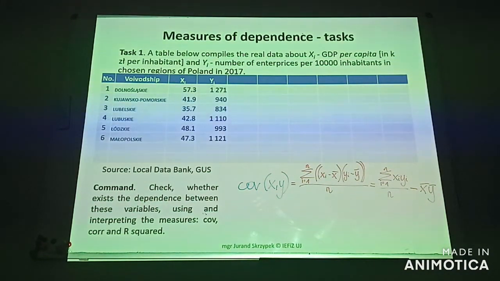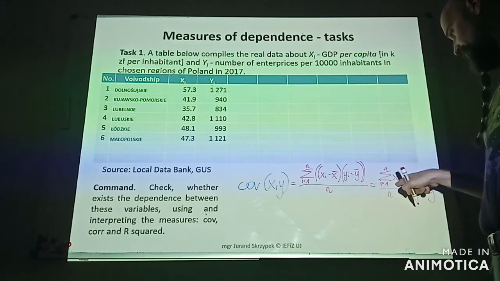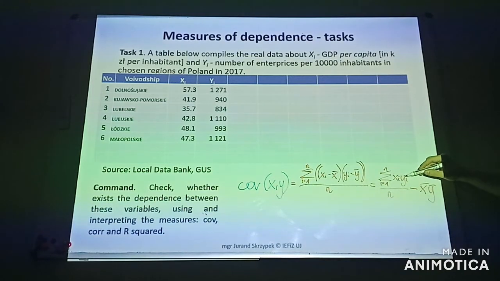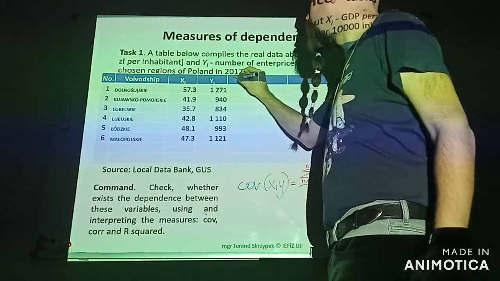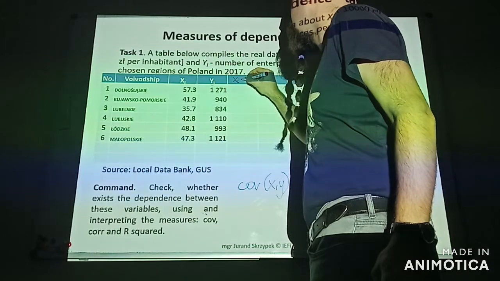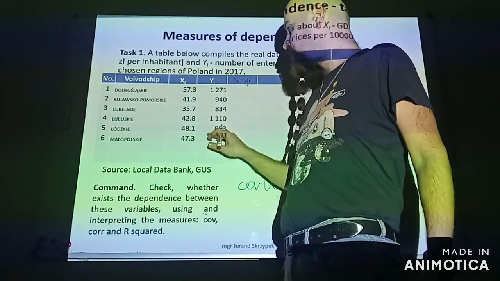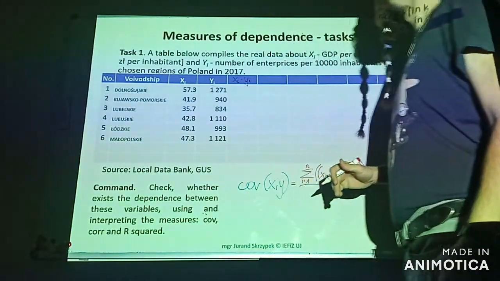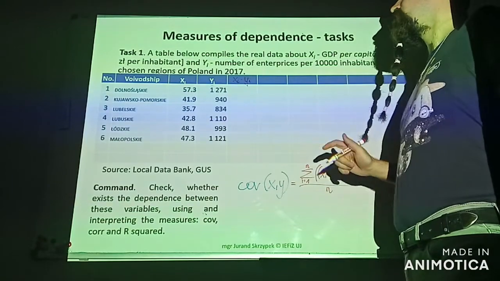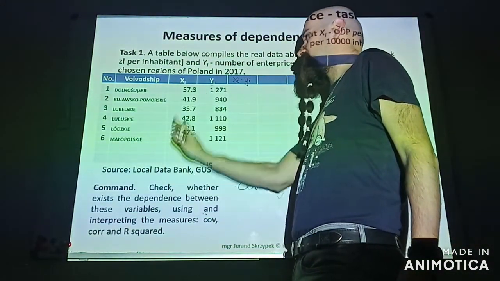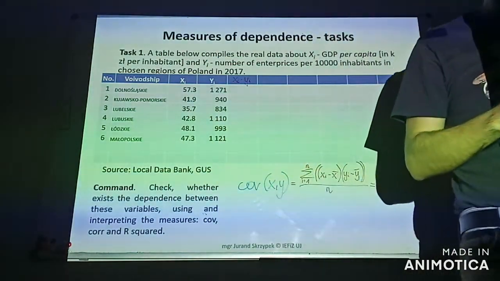So the only thing that we need is the product between xi and yi. We need to construct a column with the product xi multiplied by yi. Actually, we have 6 products. In this column, we will multiply the column of x by the column of y.